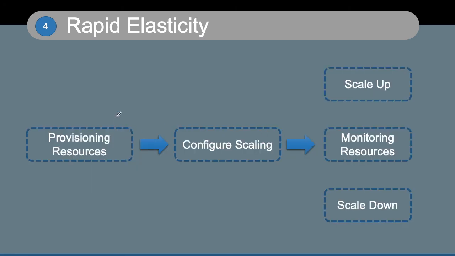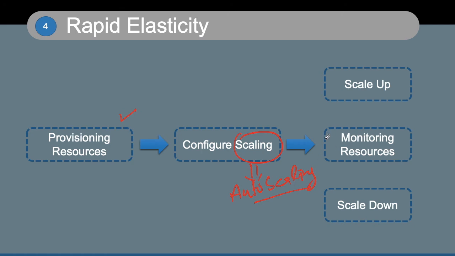Now, provision resources. You initially provision the resources and configure something called scaling. There are various ways to configure scaling, but the easiest way to do it is called auto scaling. Auto scaling means it will have some thresholds, and whenever those thresholds are breached, you will increase or decrease the capacities.